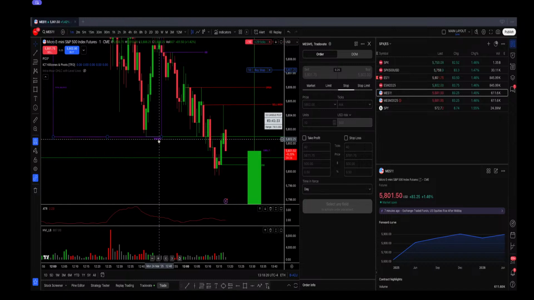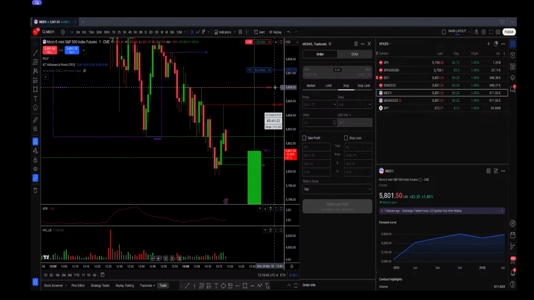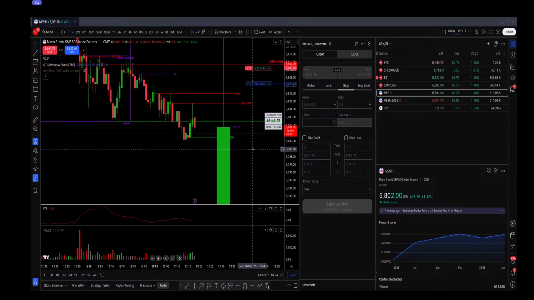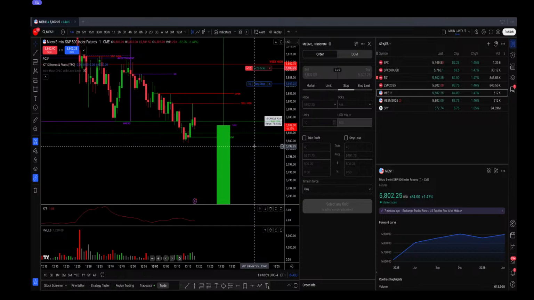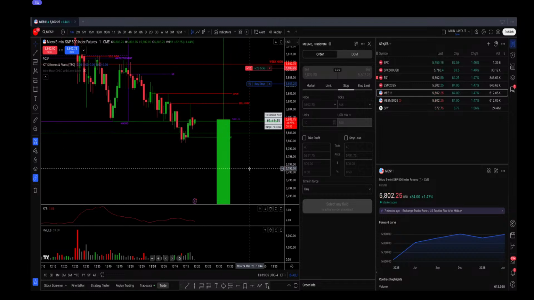But if they do something crazy here, then I'm gonna have to cut that idea off. I really want to see these two levels held.